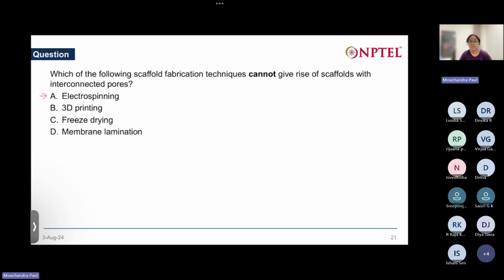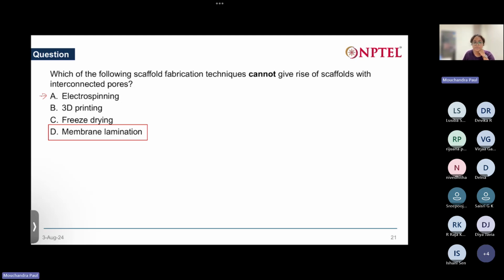Does nobody think that they might be correct? Okay, so the correct answer is membrane lamination.